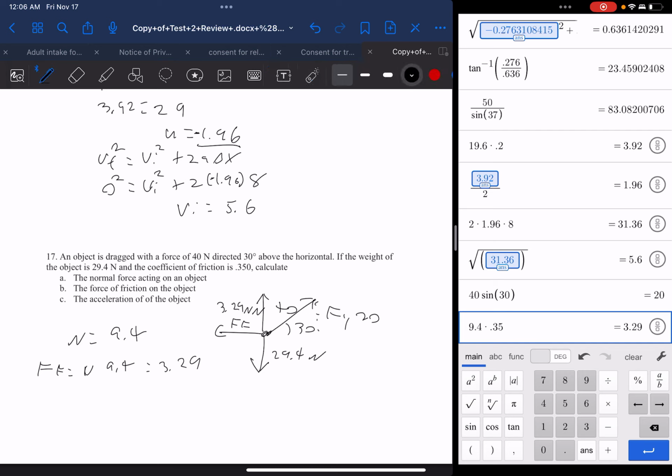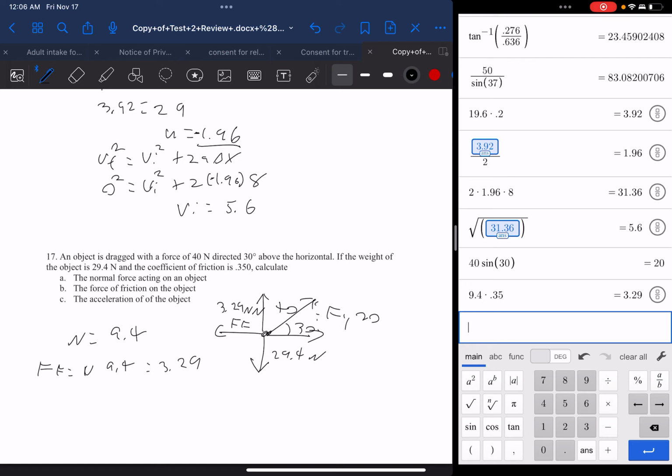The only thing that matters is this right arrow over here, which is the x component, and the force of friction, which is going in the opposite direction. The x component is 40 cosine 30, and then we're going to subtract 3.29 to get a net force of 31.35.